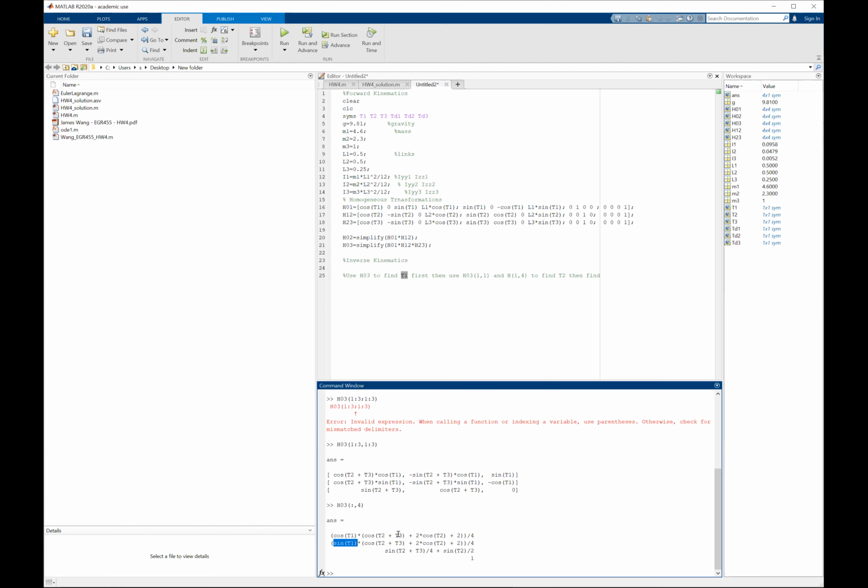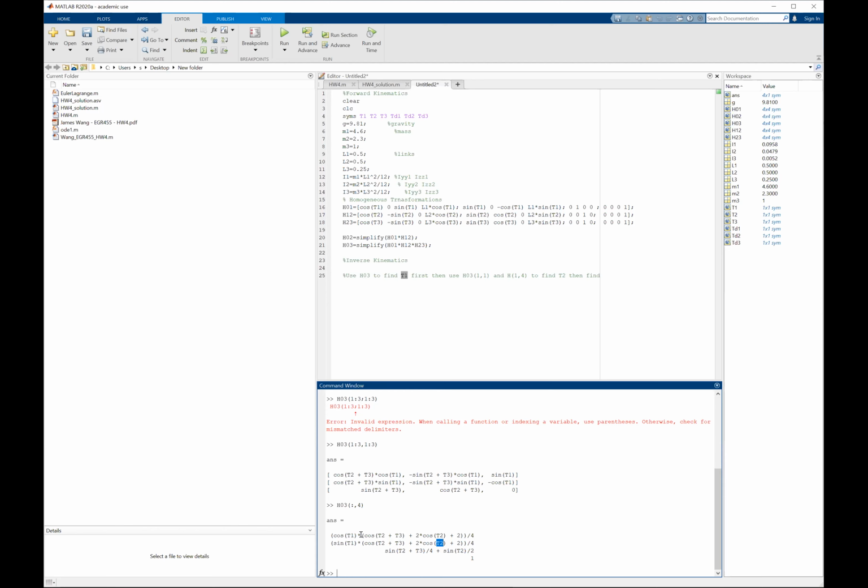The only two unknowns you are left with are theta 2 and theta 3.